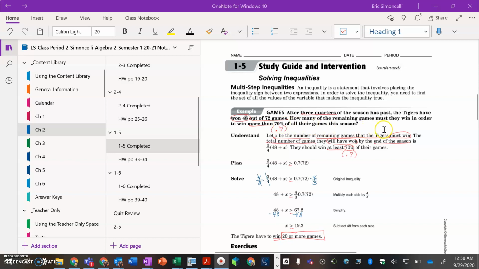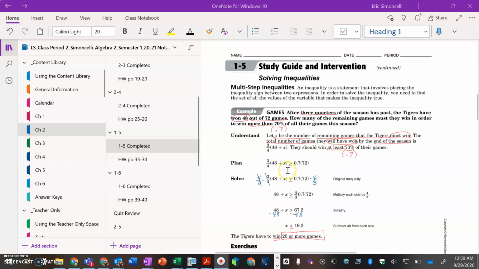How many of the remaining games must they win in order to win more than 70% of all their games? 0.7, of course, will be that decimal. If you recall, we set up our inequality as such. So it's 3/4 times the quantity 48 plus x, x again being the number of remaining games the Tigers must win.